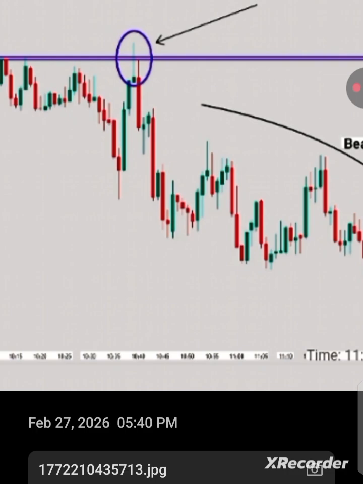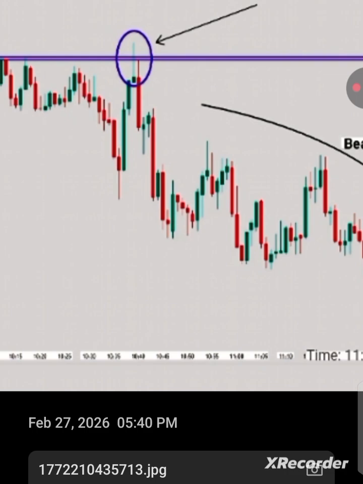Now, the future of that long upper wick candle that we spot on the higher time frame depends on the next candles that are displayed. Where are we going to find those next candles? On the lower time frame, on a 15 minute, or a 10 minute, or a 5 minute, depending on the time frame that works best for you.